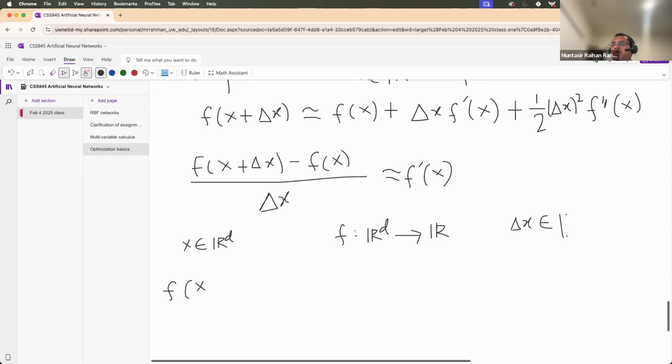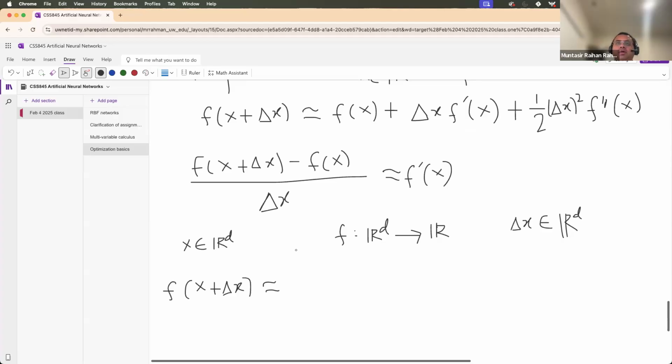It's just the difference between two x's, where the two x's are nearby, so the difference is also small. So this is also a vector, so we can add these two vectors and look at the function value at that aggregate vector.